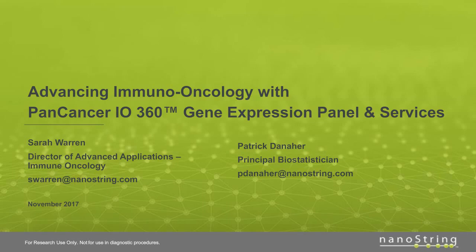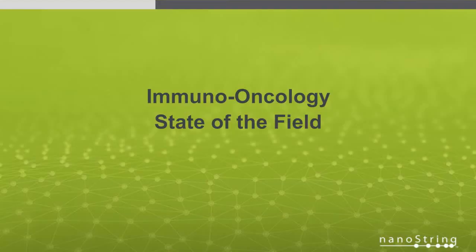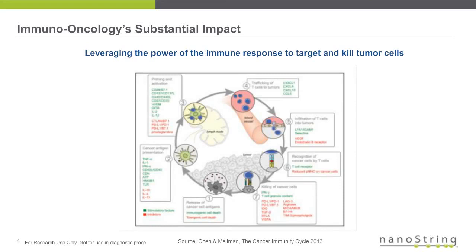So thanks. With that, I'm going to advance the slides to talk with you a bit about the state of immuno-oncology today. Since you've joined us for this presentation, I assume that you are familiar with immuno-oncology as a research field and as a field with many clinical applications. And I'm sure you are familiar as well with the cancer immunity cycle, which we're showing on this first slide.